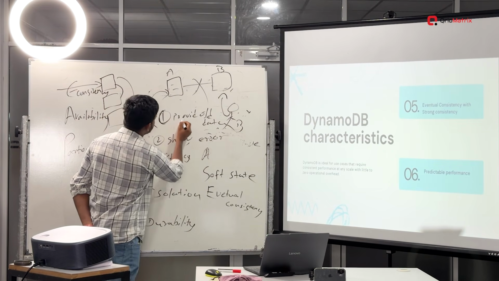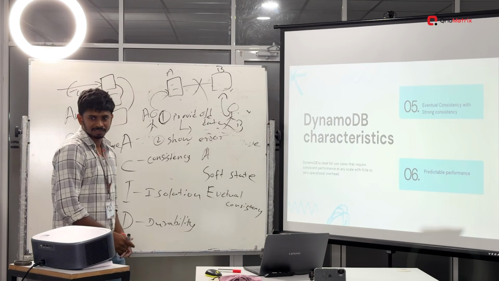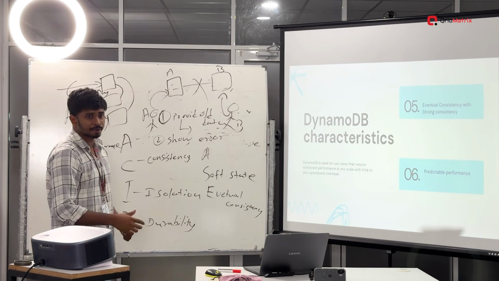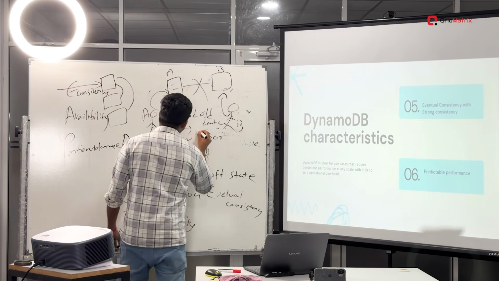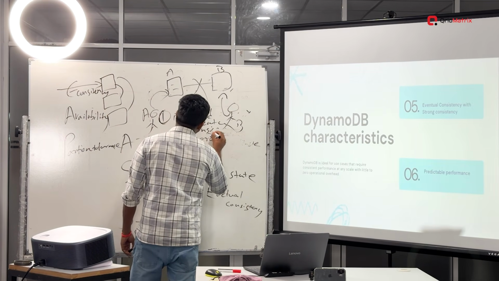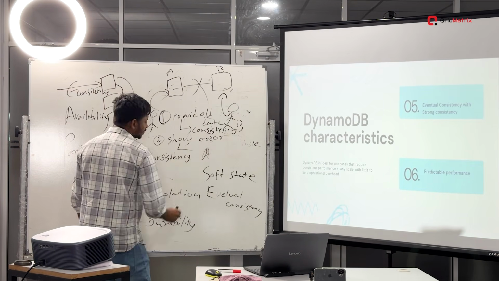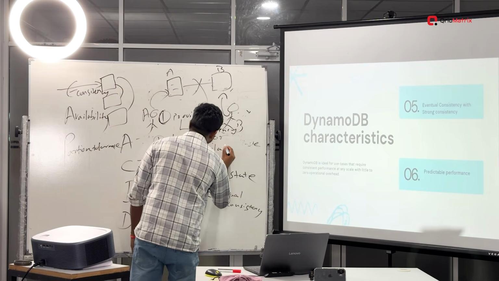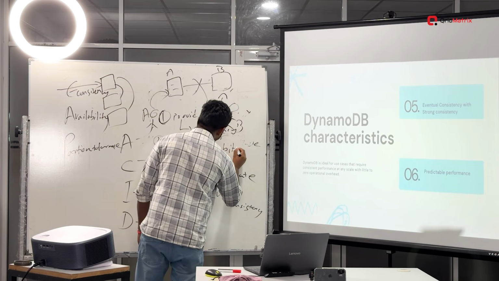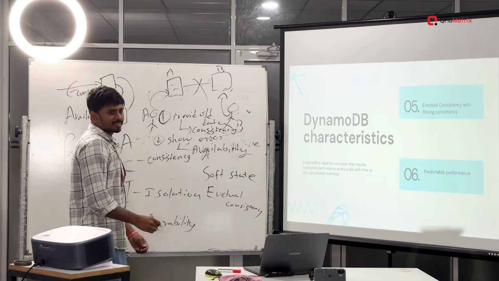So in this case, what will break from these three? When you provide the old data, what will break? Consistency. Exactly. This will break the consistency. What will break here? This breaks availability. So that's the thing.